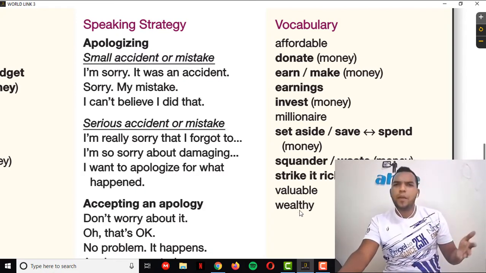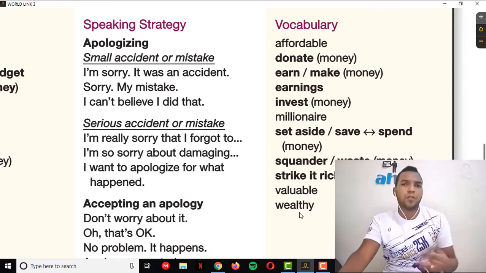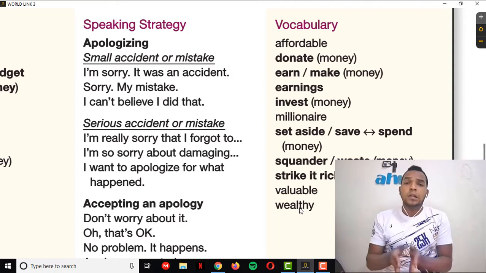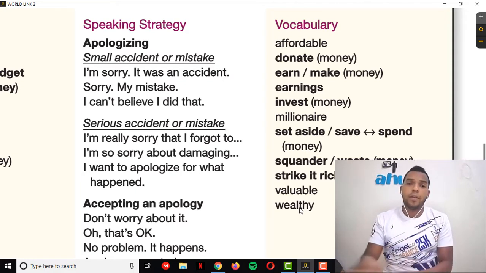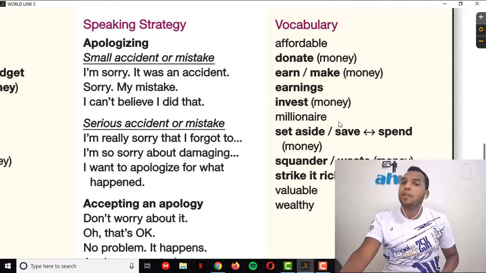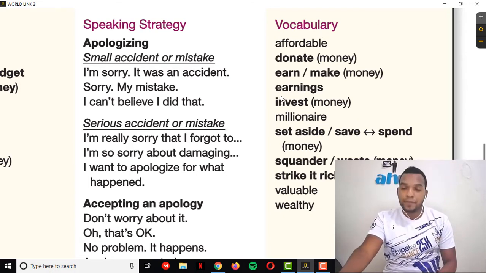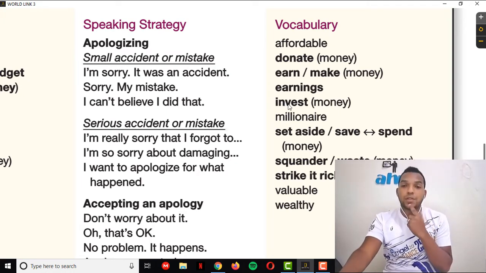So the wealthy people, they are this way. Now the poor people is different. So that is the meaning of wealthy. Remember, if there is a problem with some of this vocabulary, you have the Google feature already, where you can just listen to the pronunciation and practice yourself.